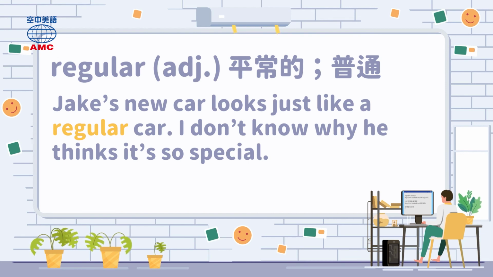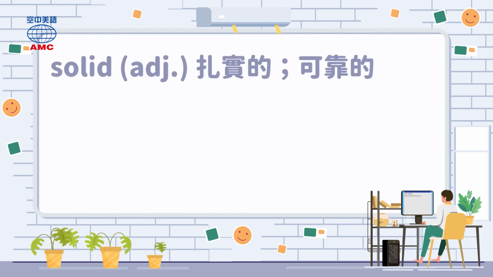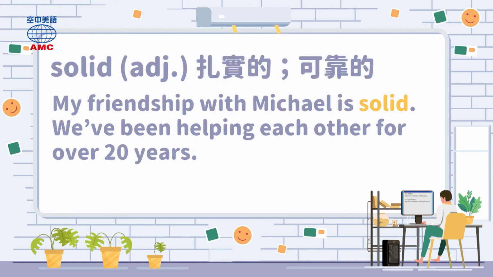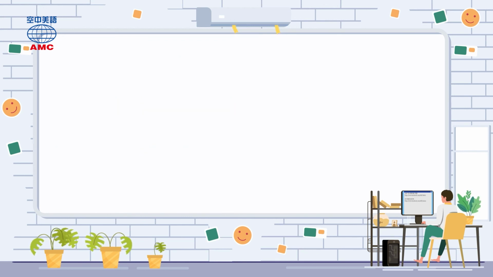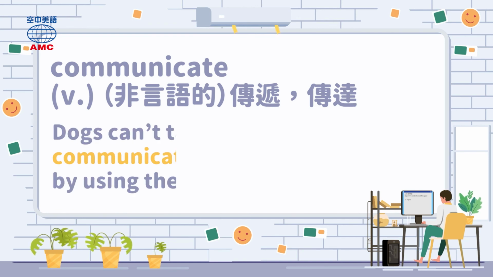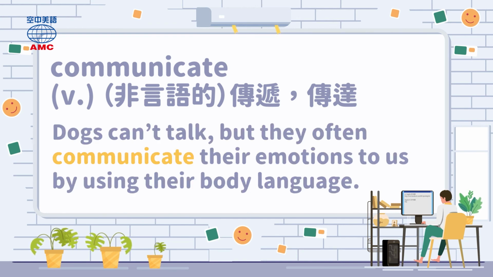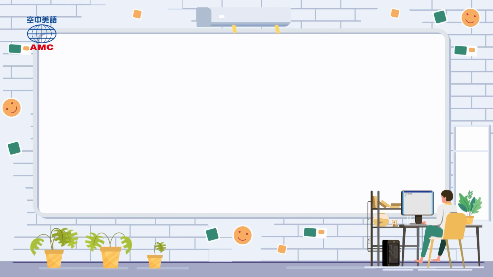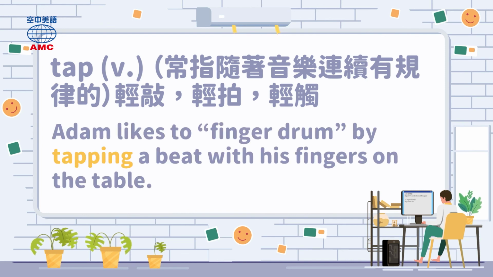I don't know why he thinks it's so special. Solid. My friendship with Michael is solid. We've been helping each other for over 20 years. Communicate. Dogs can't talk, but they often communicate their emotions to us by using their body language. Tap. Adam likes to finger drum by tapping a beat with his fingers on the table.